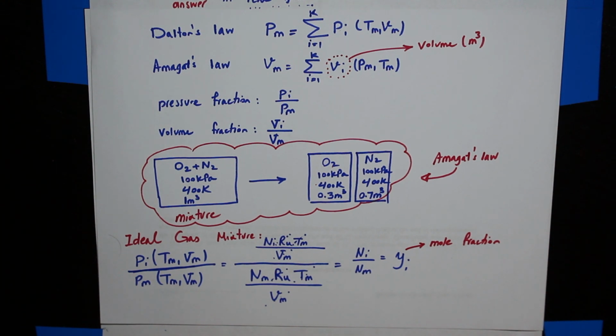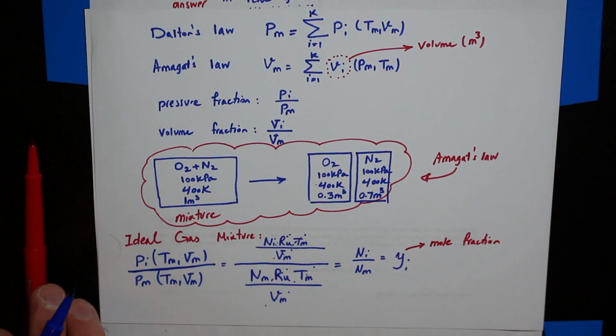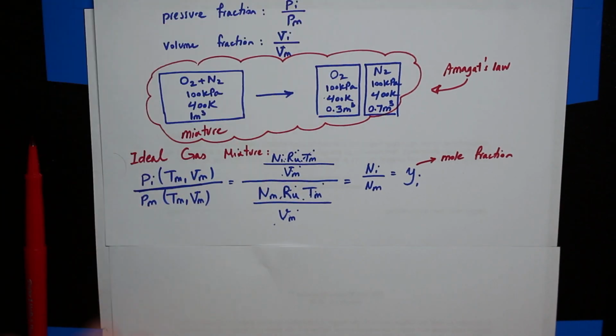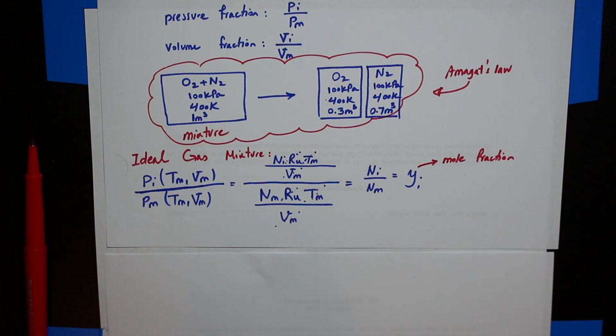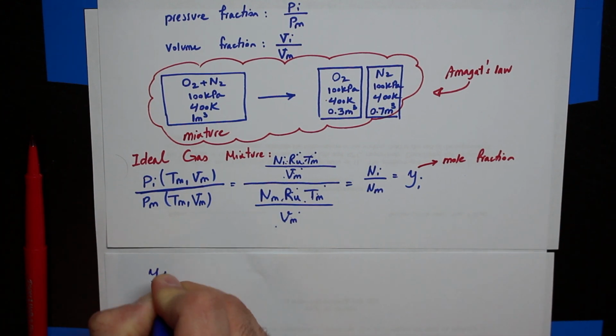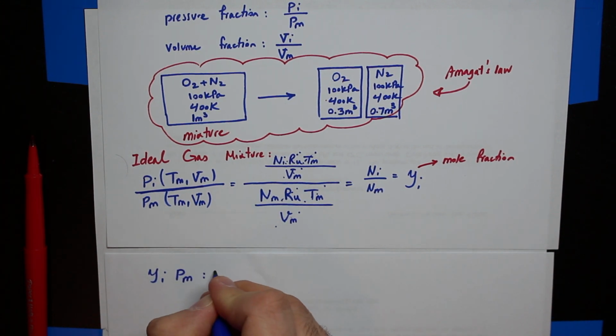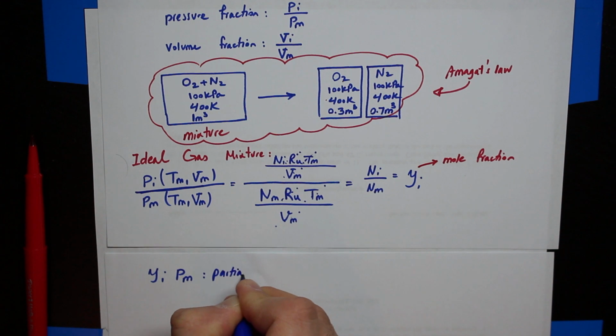Okay, so that means I can obtain the partial pressure. I can say that yi, which is the mole fraction of component i, multiplied by Pm, the pressure of the mixture, is equal to the partial pressure.